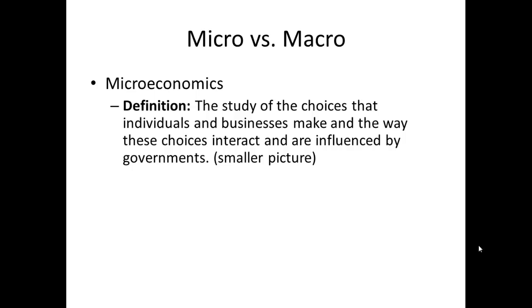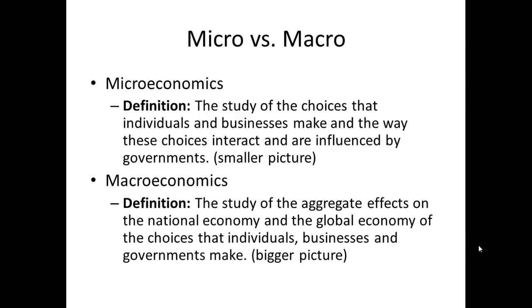Microeconomics is more of what you think of on a regular basis with respect to maybe your own personal life, with your own business life as a business owner or perhaps upper management within a business on a daily basis.